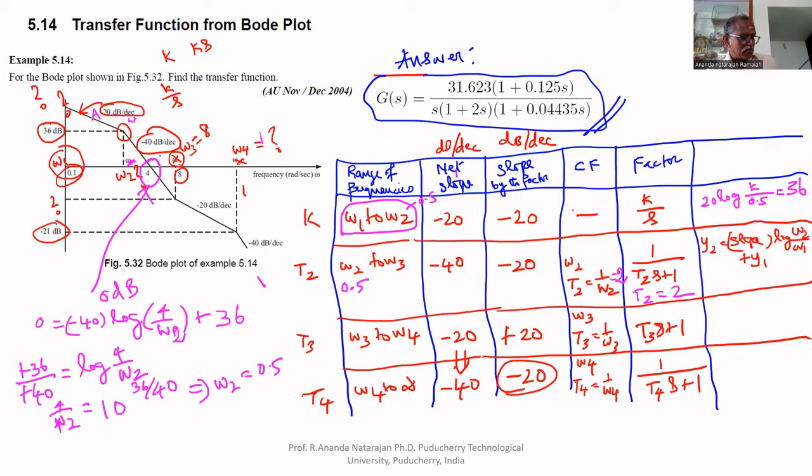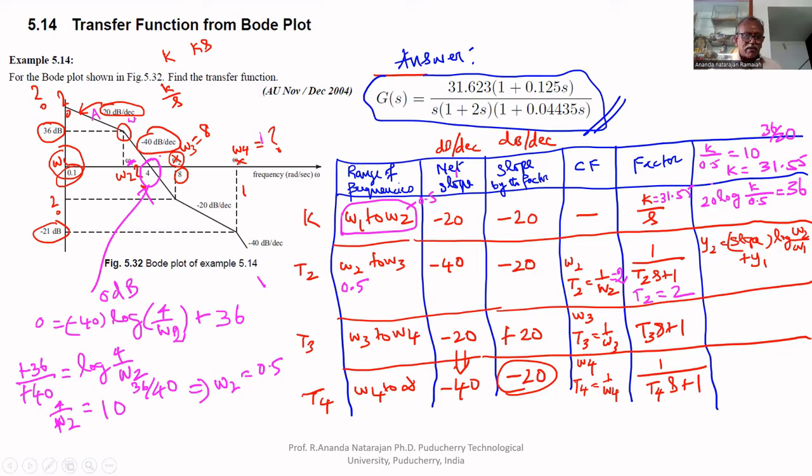Therefore, k equal to, so what is k? From this we can write k by 0.5 equal to 10 to the power 36 divided by 20. Therefore, k equal to 31.55. That's all. So we found two parameters.